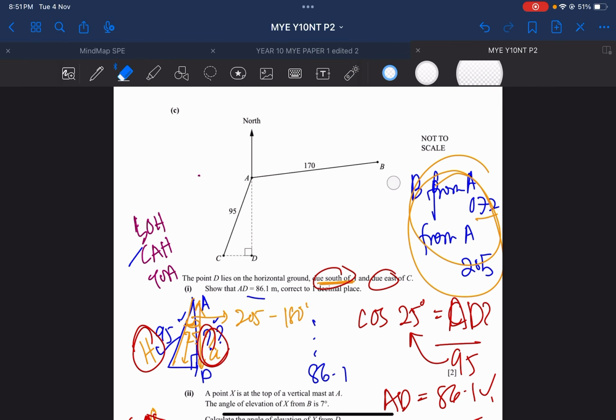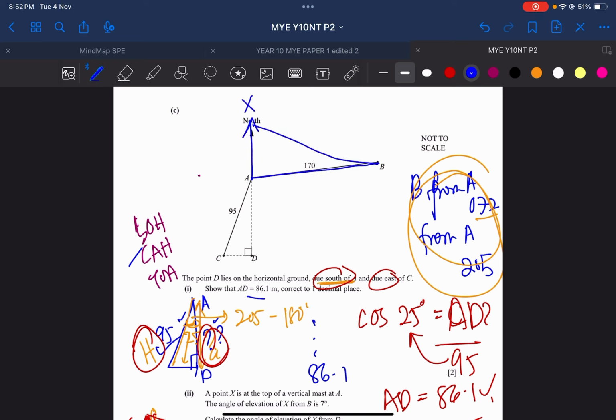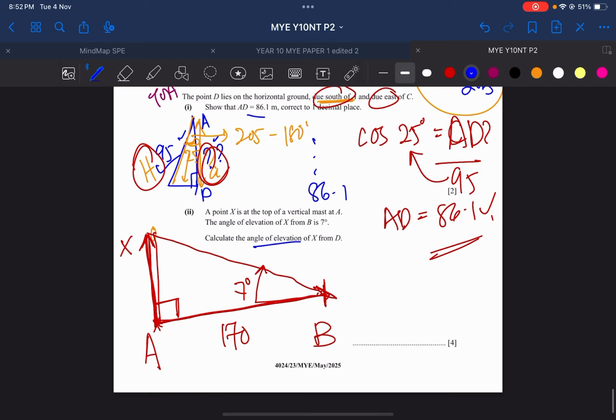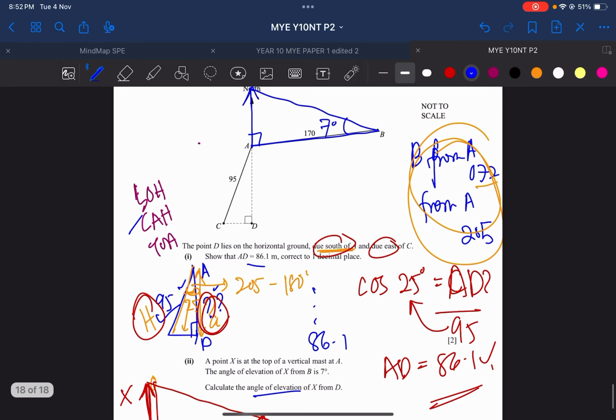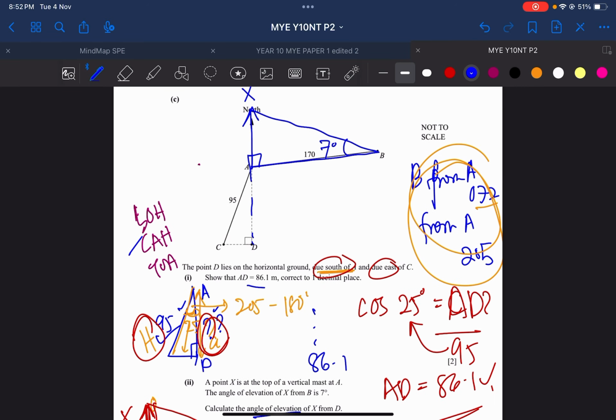So kalau kita lukis sini, artinya our X is sini kan? Sini our B. This is our 7 degree. This is our 90. Katanya kita berdiri arah D, melihat arah X. So you bayangkan masalahnya, ia macam terlalu into the paper.